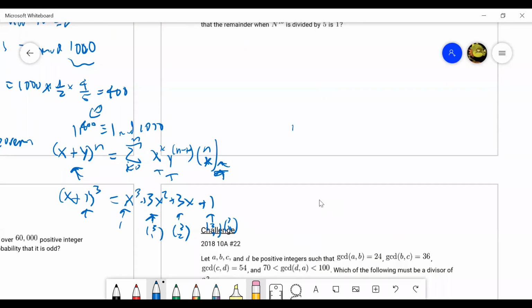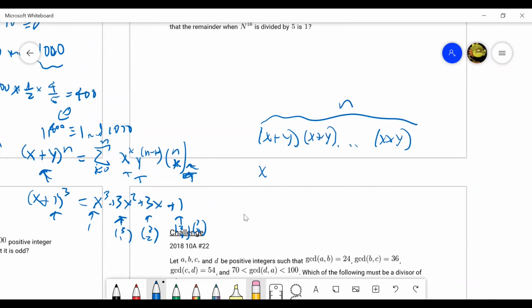It's because if we go back to our x plus y example, n times, and let's say there are n of these binomials, to get a term with x coefficient of k, when you expand it out, you're choosing one value from each of these parentheses to multiply together to get a single term. It's kind of like foiling with a lot of parentheses. Since you're multiplying binomials, you can only choose one of the terms inside each parentheses.